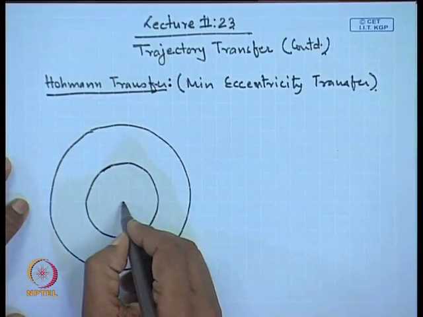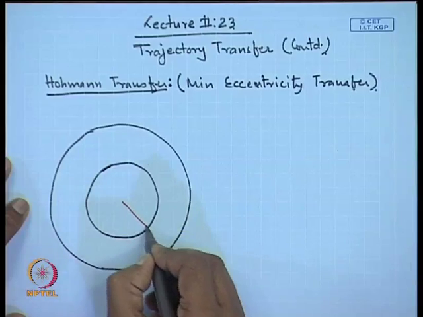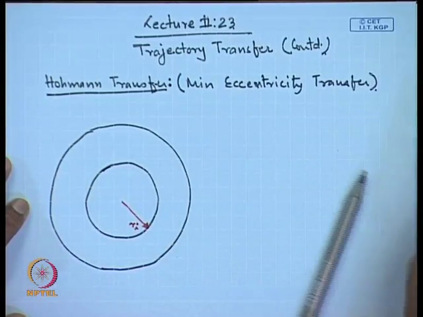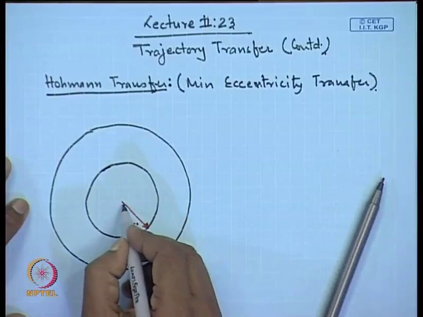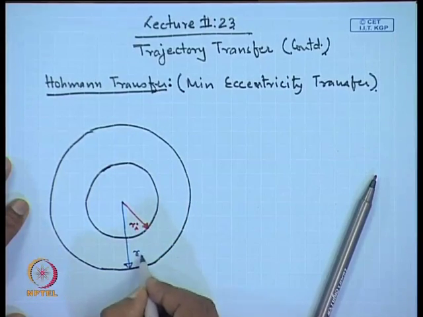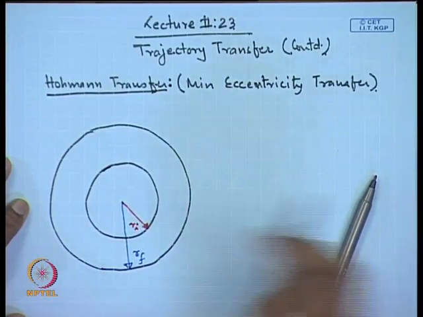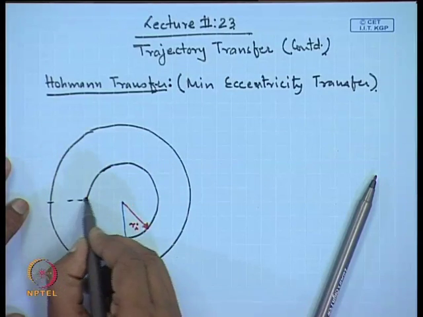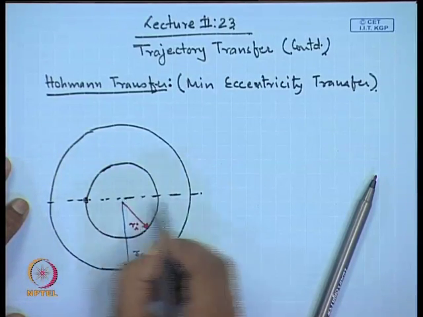this is the initial orbit whose radius is r i, and then we have the final orbit whose radius is r f, and the satellite is moving in this initial orbit, and it is required to put it in the final orbit here.